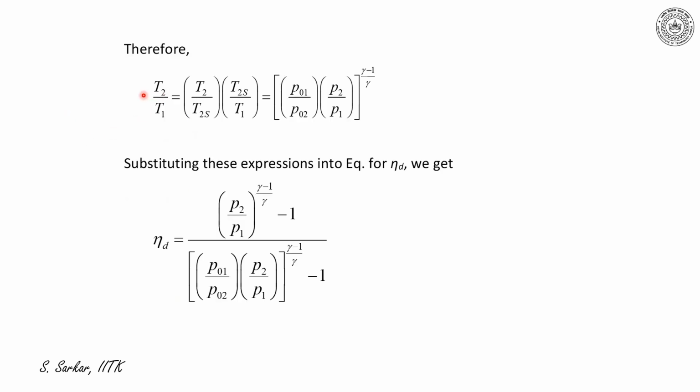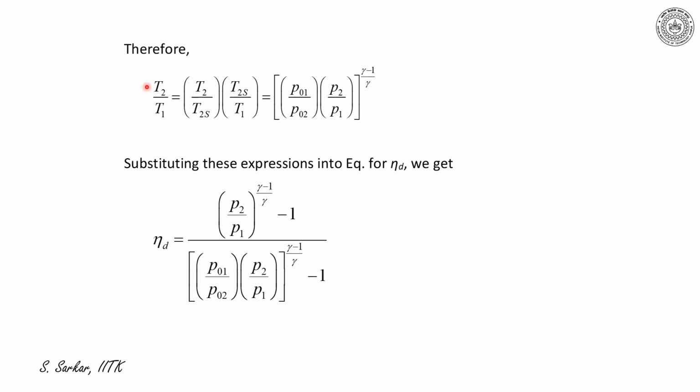Now I can write T2 by T1 is equal to T2 by T2s into T2s by T1. Now T2 by T2s, I can write as (P01 by P02) to the power gamma minus 1 by gamma, and T2s by T1 I can express in terms of P2 by P1.